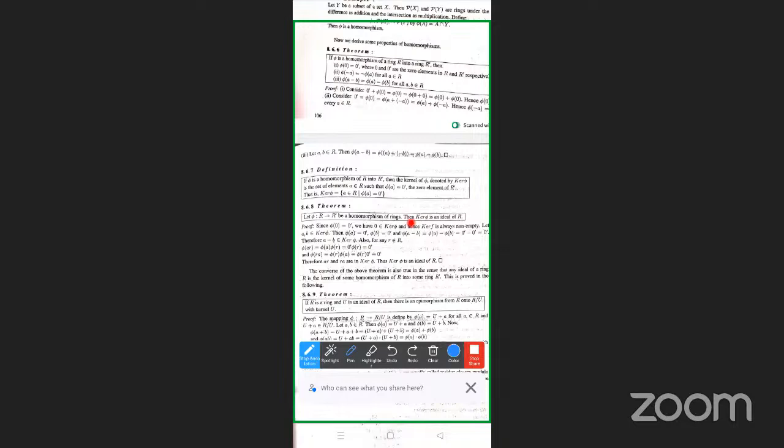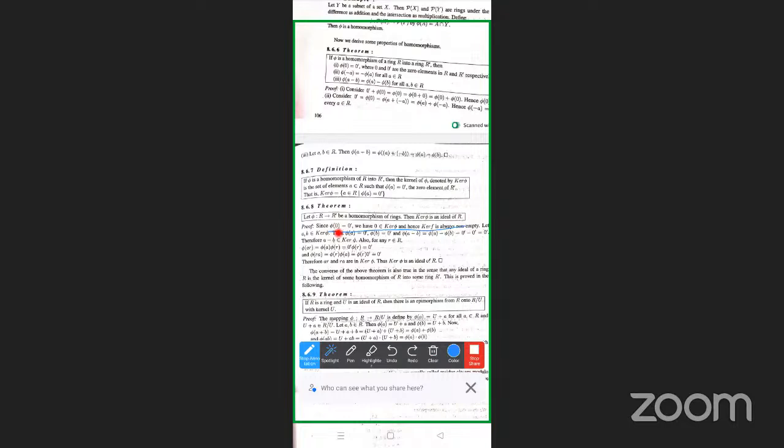So kernel pi is always a non-empty set. Okay. So first we have to show that kernel pi is non-empty because it contains at least one element. That's why we are taking pi of 0 is equal to 0 bar.